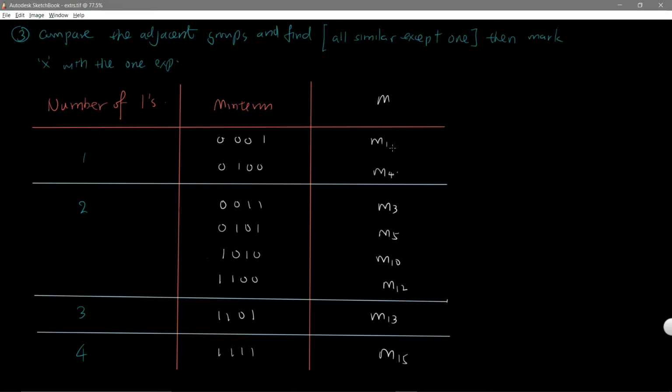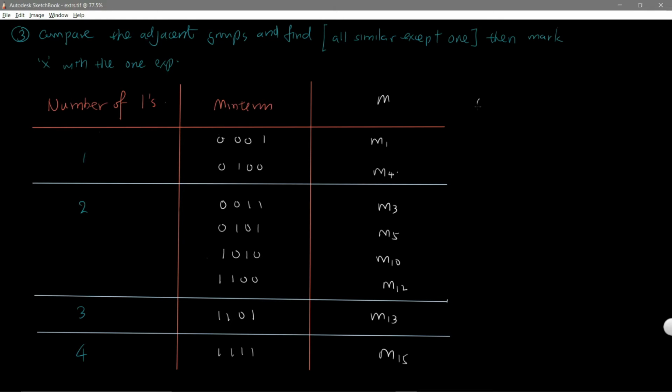Alright, now for the third step, you want to compare them and find similarities. Okay, so let's start off with the first term, M1. So you find any term with 3 similarities and 1 different position. It is very direct that you can see M1 and M3, where only the third position is different.